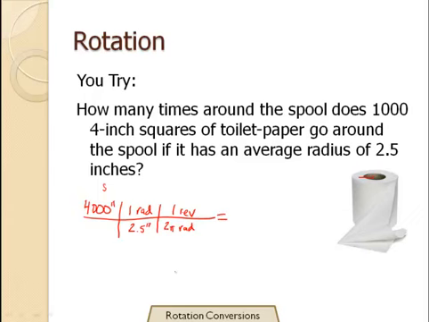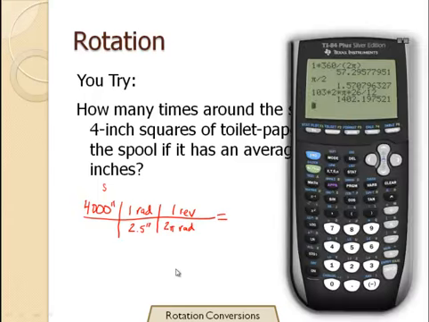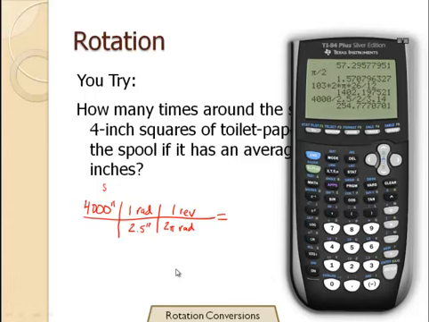And if we multiply at this point, 4,000 divided by 2.5 divided by 2 divided by pi, we get that it takes roughly 250 times all the way around for 1 spool of toilet paper.